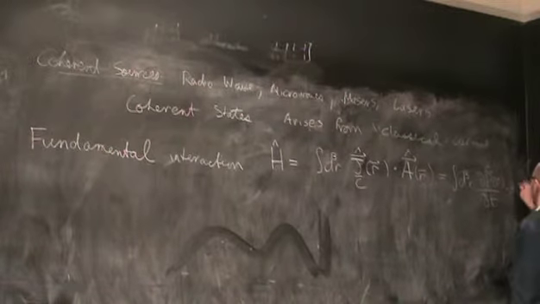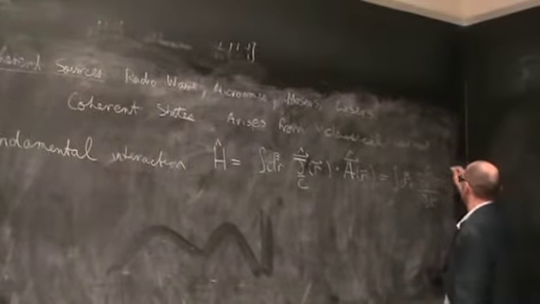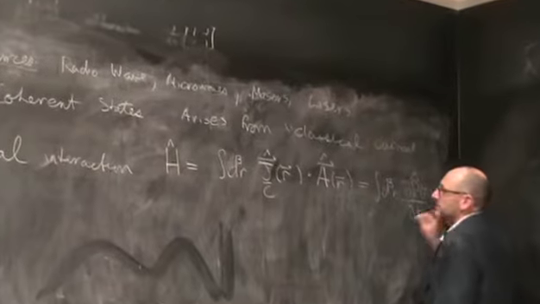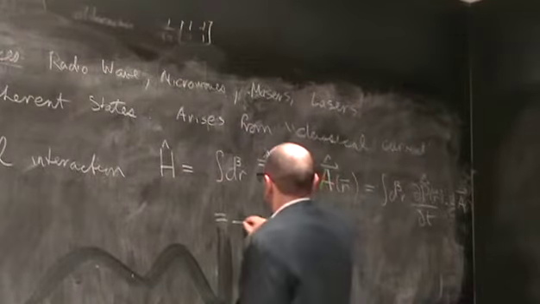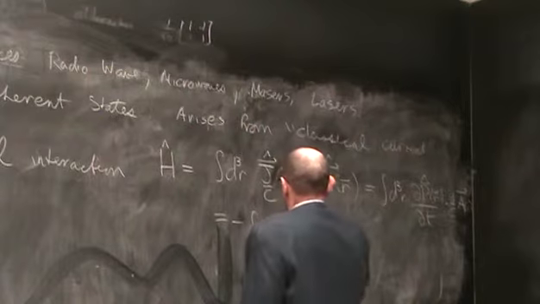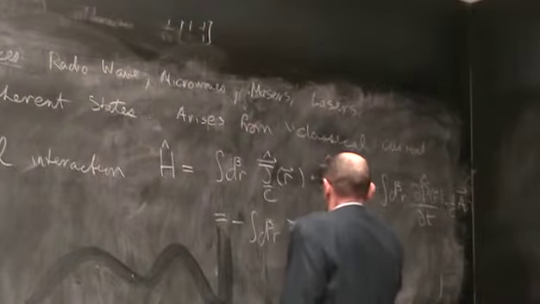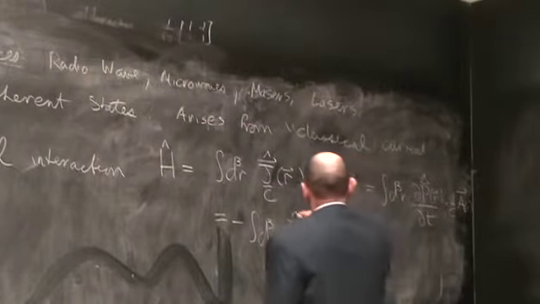This is over c, which is a minus P dot E type distribution.